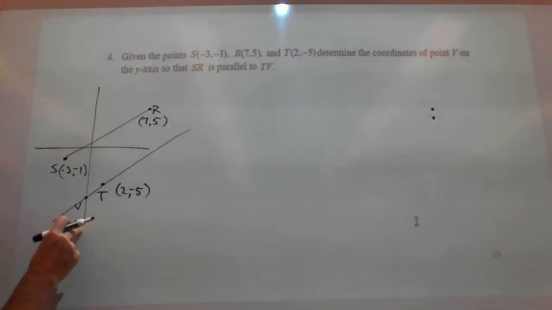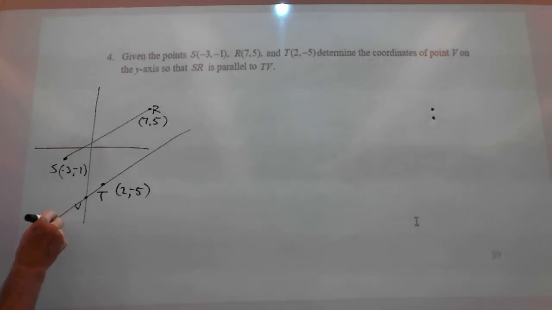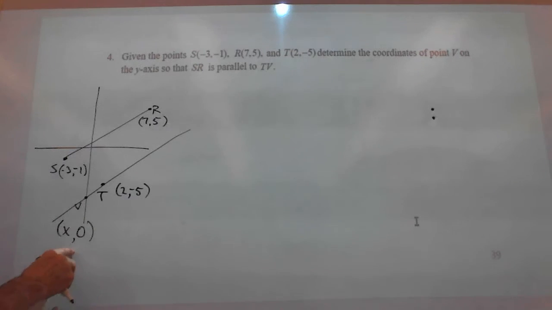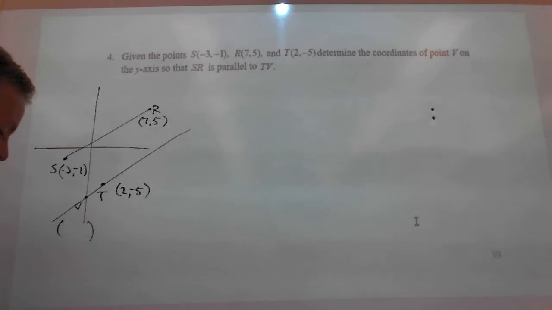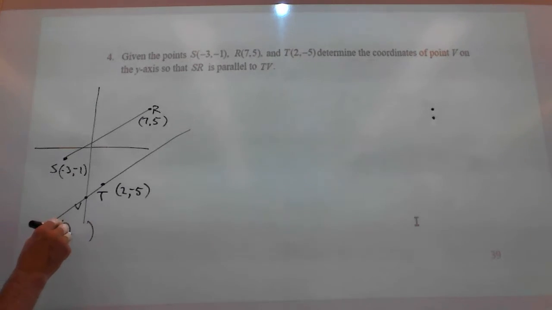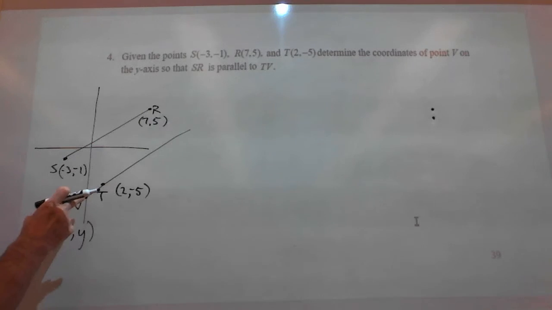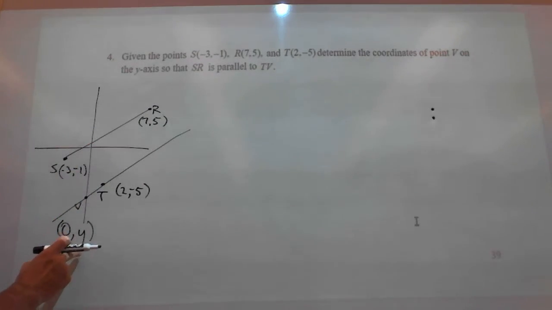Since it's on the y-axis, we know the x-coordinate for this point. Sorry, my brain is on Monday. There we go. The x-coordinate for that point is 0 across and some number y down. Okay?